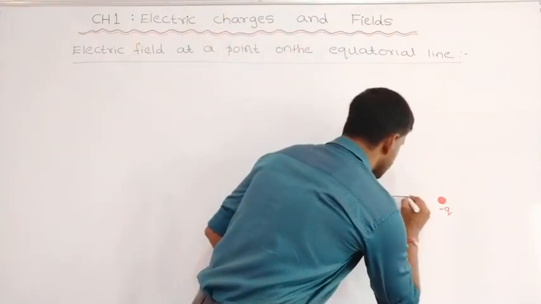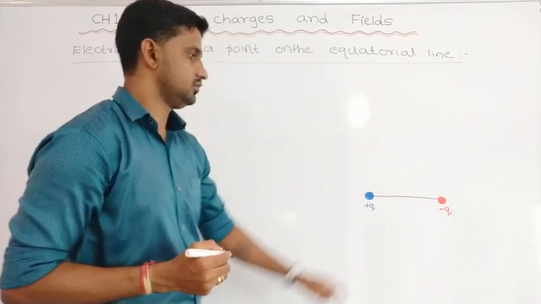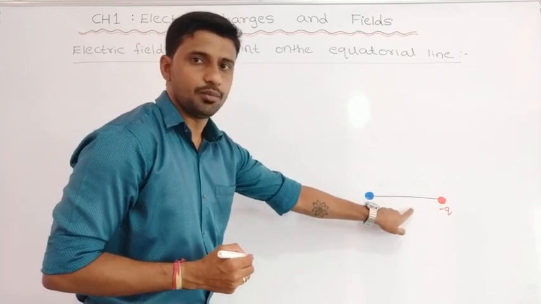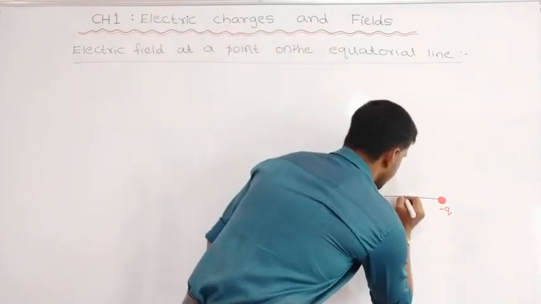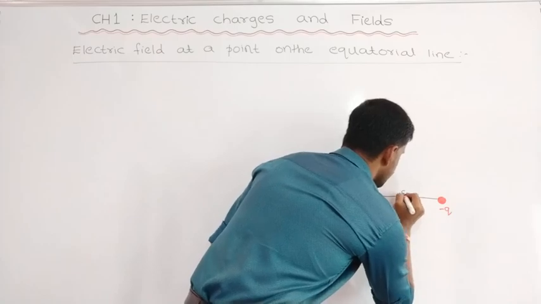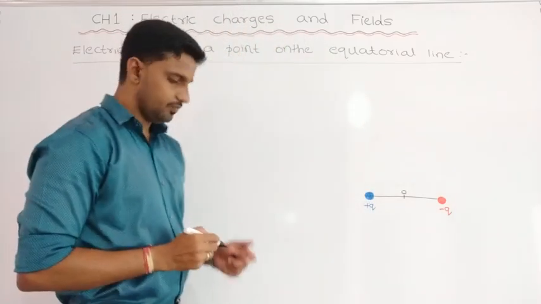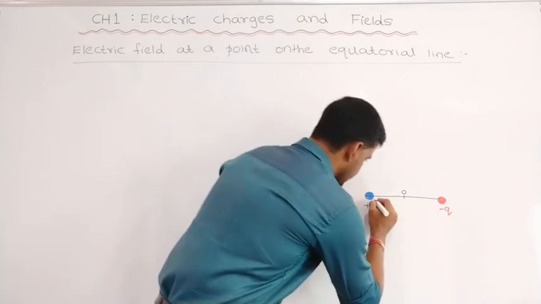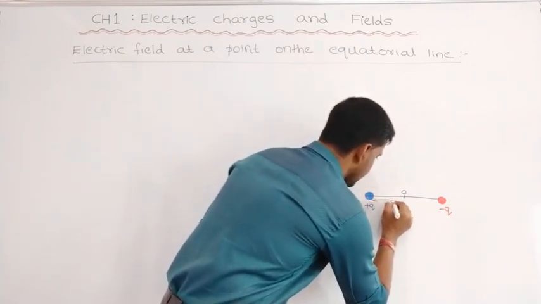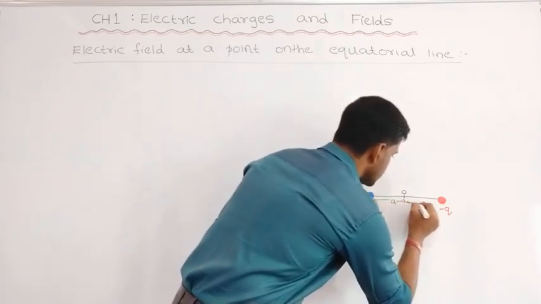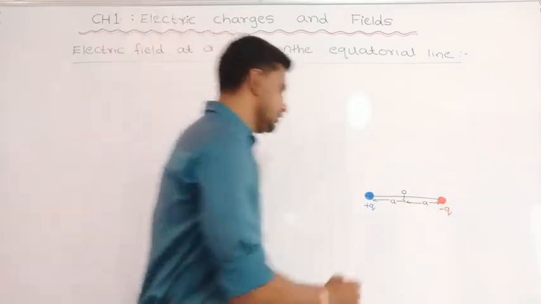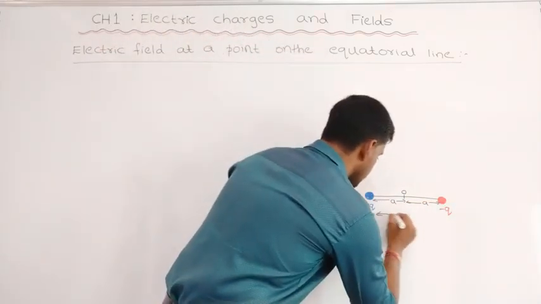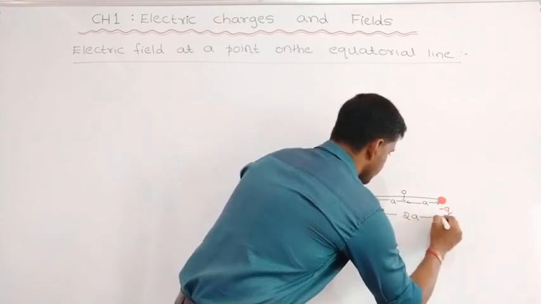That distance is represented by a line, which is called the dipole axis or dipole length. There is a center of the electric dipole, which is taken as O. Half of the distance is taken as A, and the other half as another A. Then the total distance between the positive and negative charges is 2A.